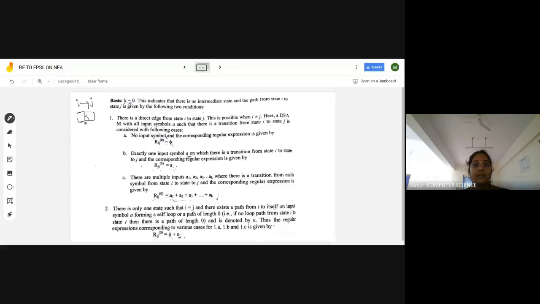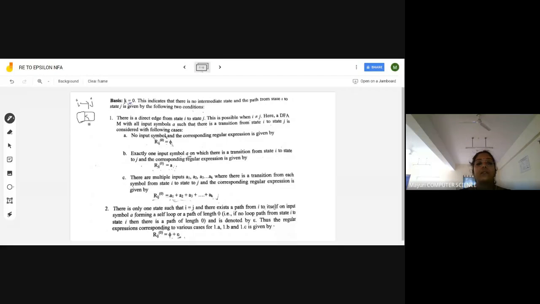I have to end up with a formula, and that formula has to be used to convert the finite automata into a regular expression. So all this theorem is for that. The purpose of the theorem is to generate a formula. That formula will be utilized for converting your FA, finite automata, to a regular expression.